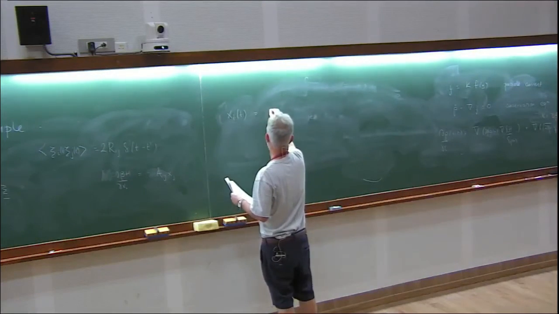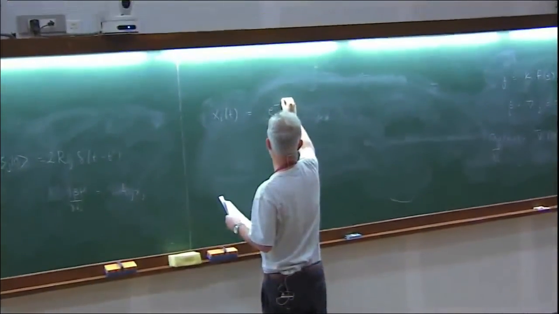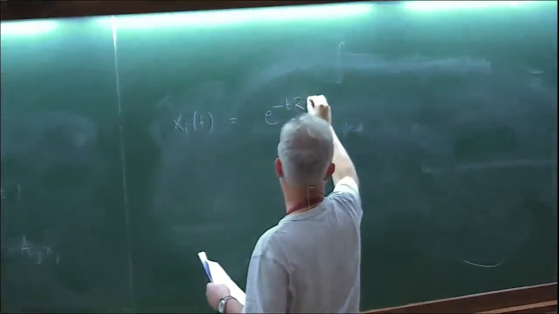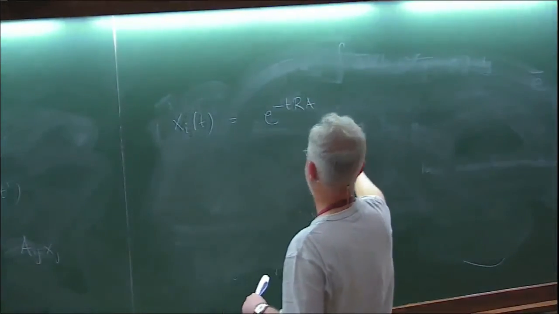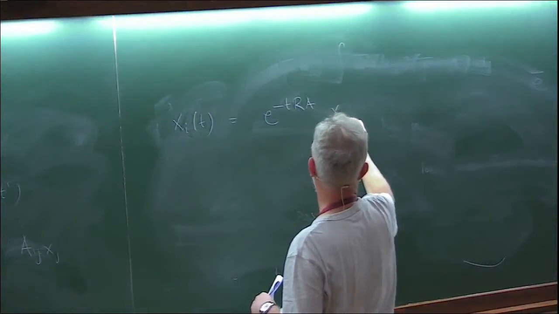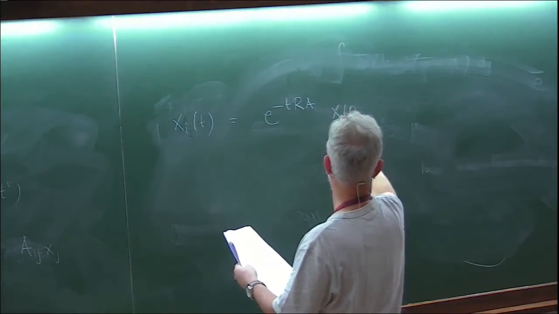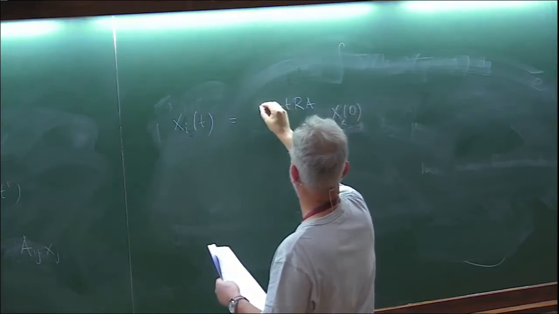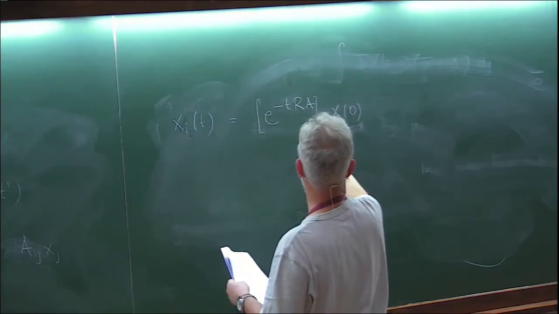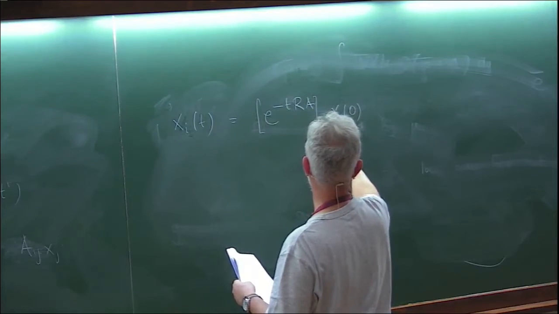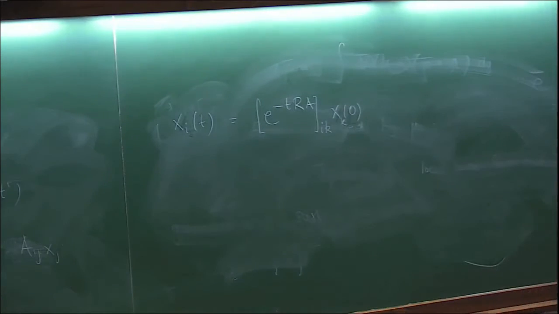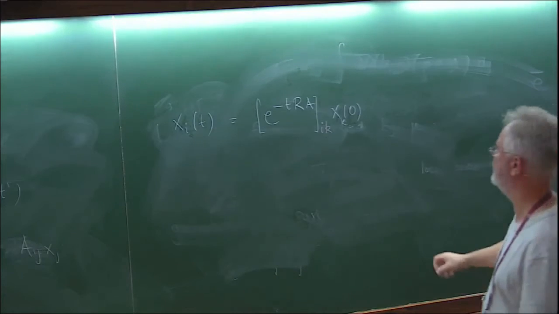So I'm going to get e^(-tA) acting on x(0), the initial coordinate. If I want to write indices in here, the coordinate here is i, so I'm looking at the indices ik. I'm putting indices in because it's easier when you look at the noise.